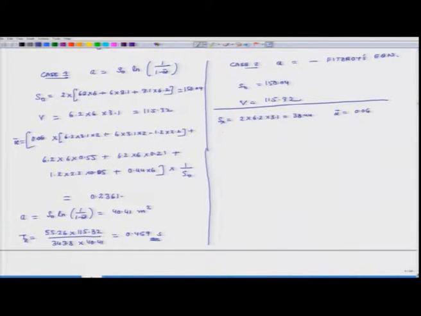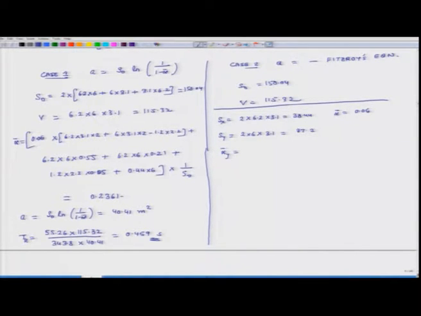Then Sy is 2 times 6 times 3.1, and that is 37.2, and alpha y bar. Computing alpha y bar will be a little tricky, so we will do that.